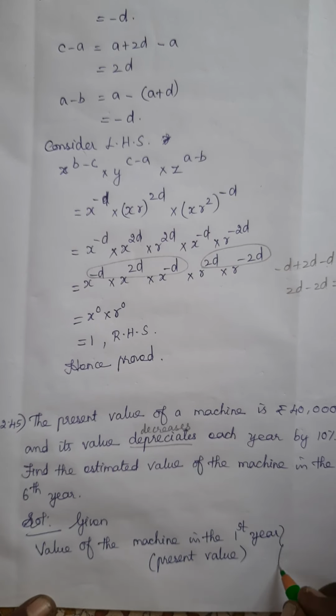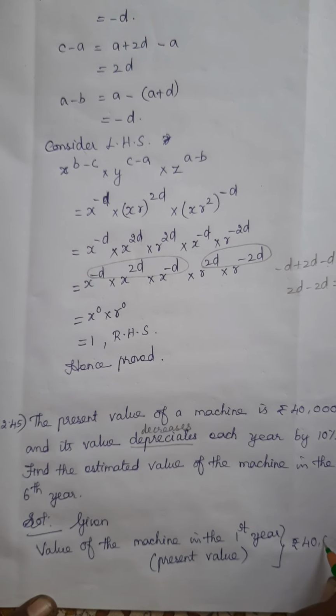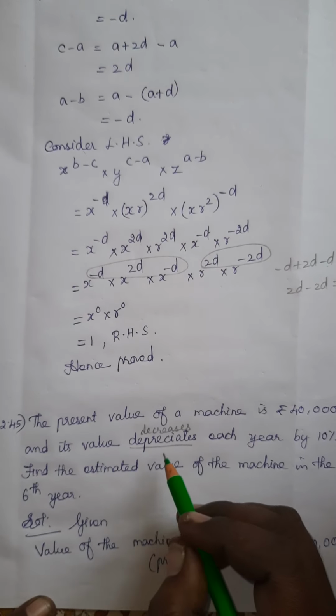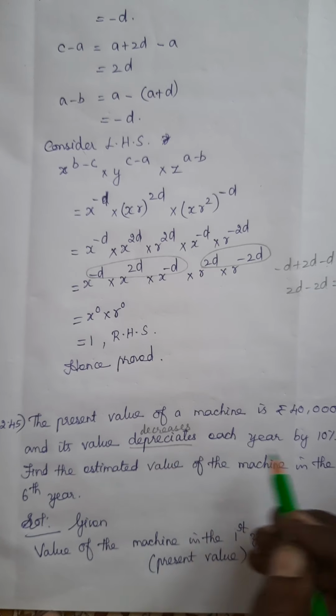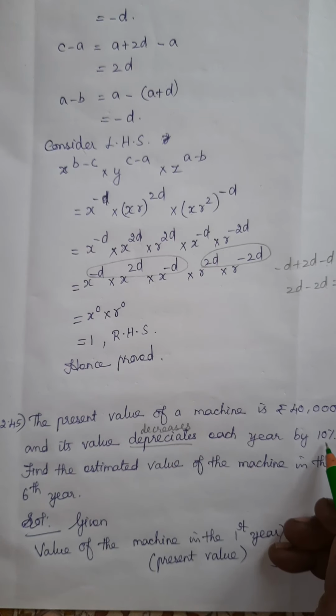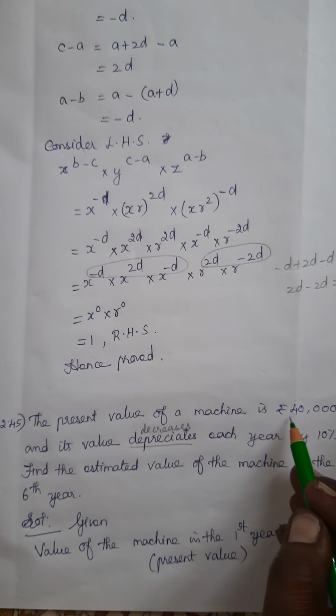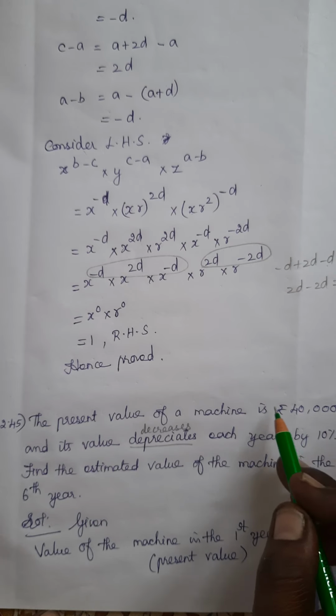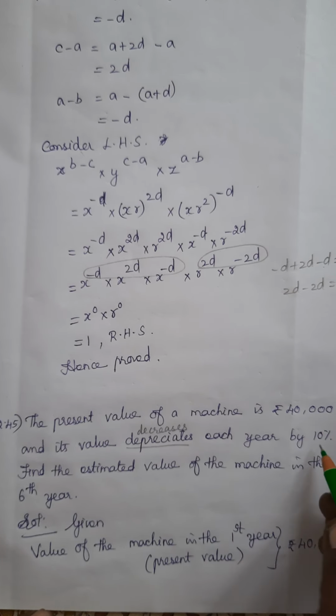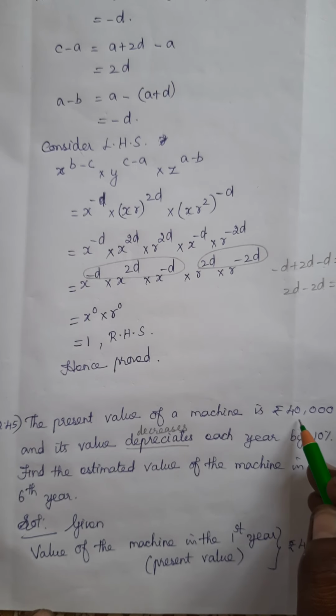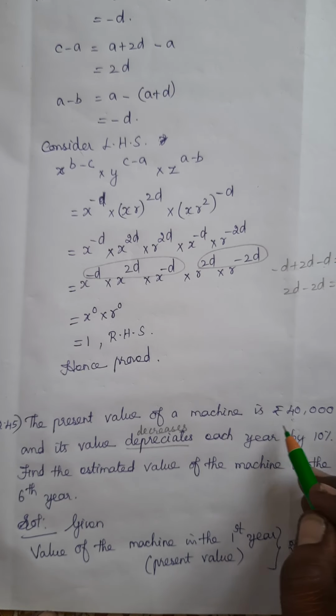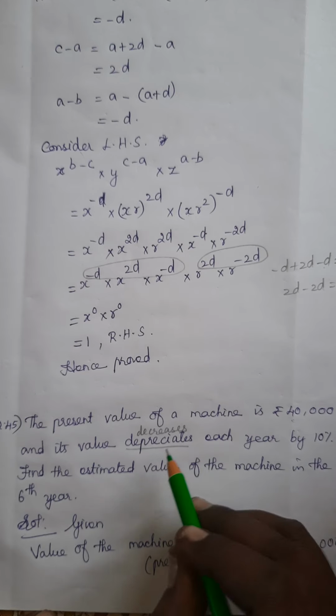Next year only it will decrease. So it is rupees 40,000. Then how much value is decreasing? It is 10 percent. Total value we can consider as 100 percent. A 10 percent decrease means it is 90 percent of this 40,000 value that is the second year value. So 90 percent of 40,000 is the second year value for this machine.